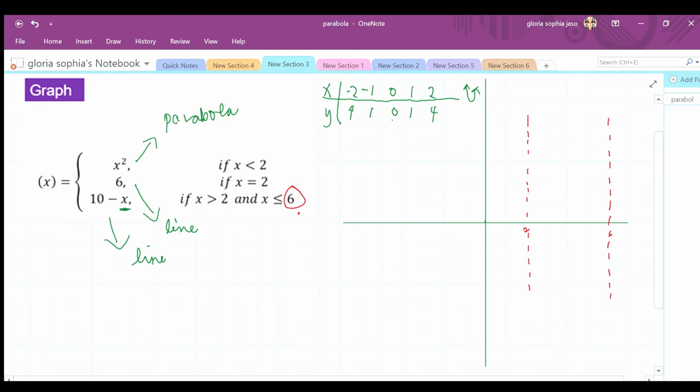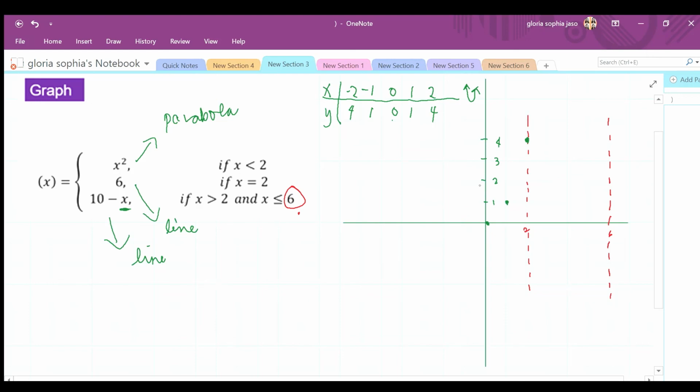Okay? So, graph natin. Plot natin yung mga points natin. So, 0, 0. 1, 1. And then 2, 4. 1, 2, 3, 4. Okay, so 1, 2, 3, 4. Okay.